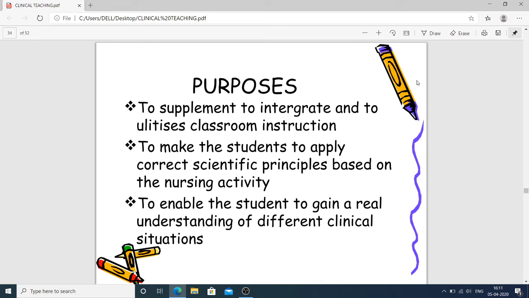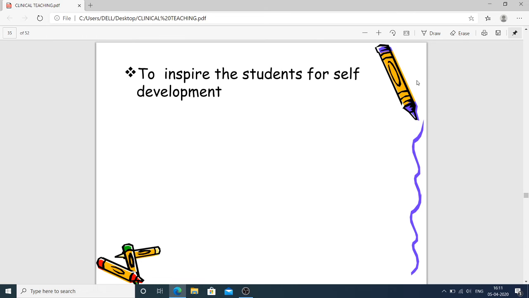The purposes of these kinds of things: to supplement, to integrate and to utilize classroom instruction, to make the students apply correct scientific principles based on nursing activity, to enable the student to gain a real understanding of different clinical situations. Then to inspire the students for self-development.